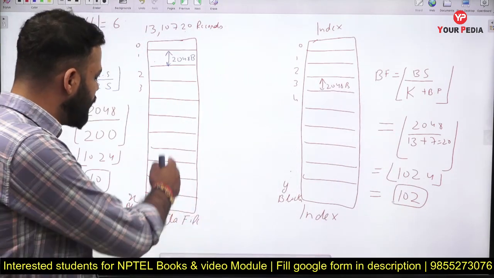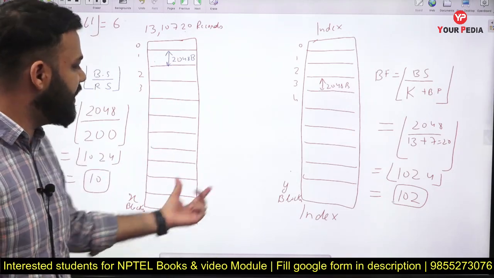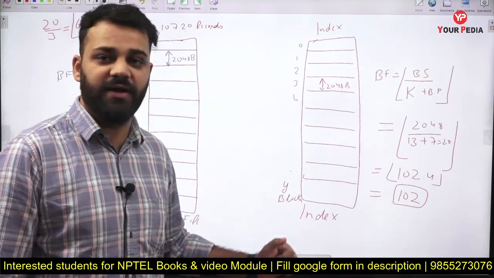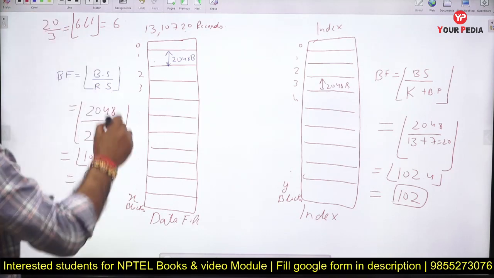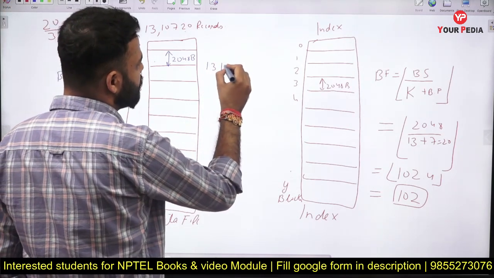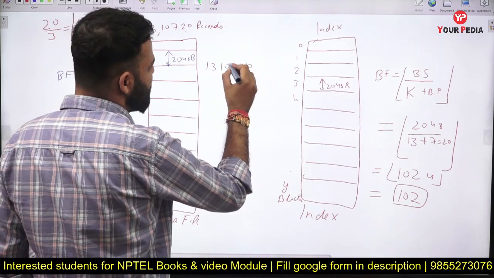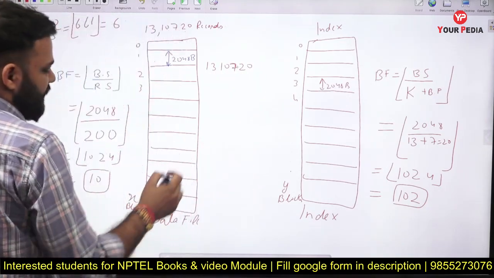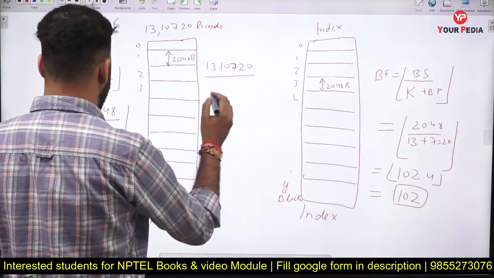So if we have to find out the number of blocks in data file and in index file, what we will do here is, we will take total number of records and we will divide it by the block factor.